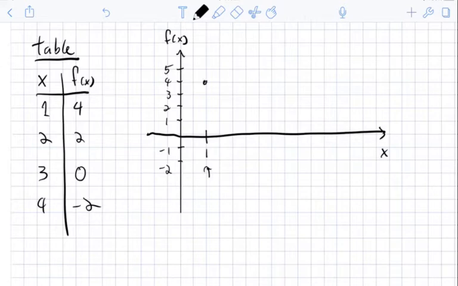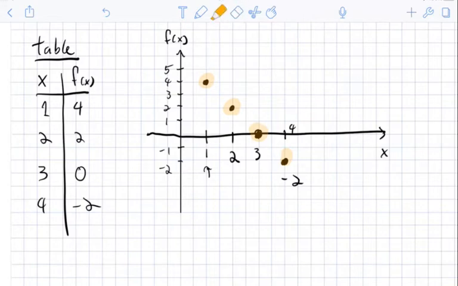So there's a dot there. When x is equal to 2, the output of the function is 2. When x is equal to 3, the output is 0. When x is equal to 4, the output is minus 2. You use these points to represent all the information on the graph, and we talked about how to look up the value of a function on a graph.